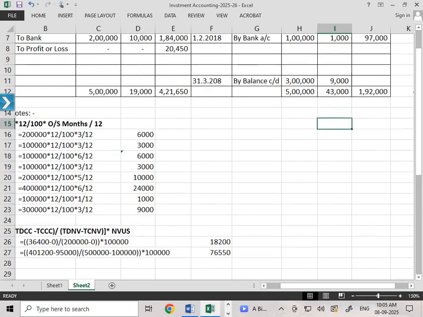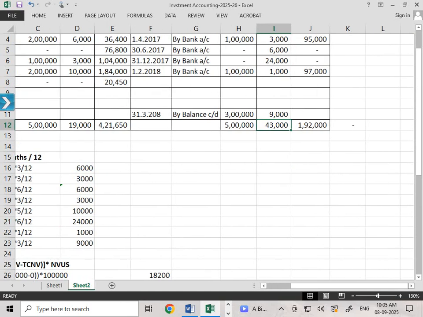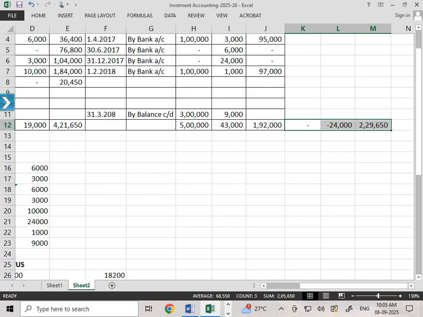Now you can close the interest column. How to close that interest column? I will find out the difference. The difference is 24,000, right? See here this is 19,000, here 43,000. So 24,000 comes on the debit side.